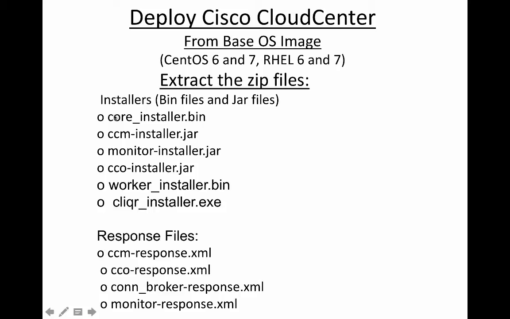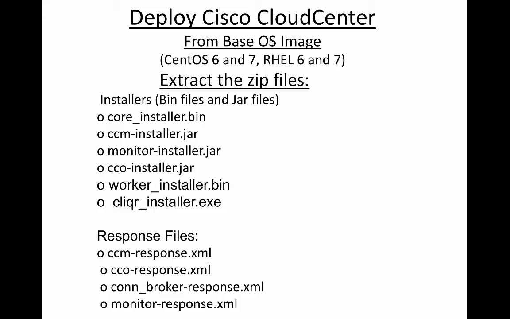One is the core_installer.bin. That's applicable for all of them, and there is a ZIP file for each one of them: CCM, monitor, CCO. That works in conjunction with the response file. The response file is an XML file where you have the information about the other components it needs to talk to. Again, we'll go through this and see how it works.